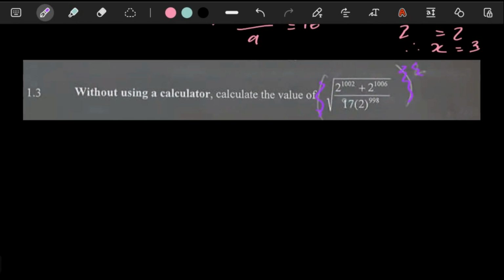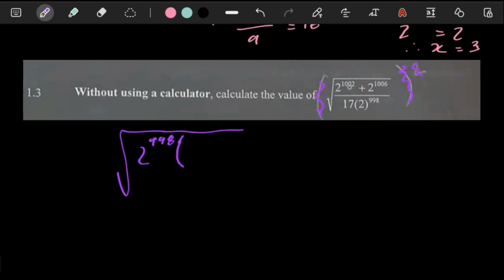What you want to do here is, the highest exponent here is 998. So at the top, you want to write out this exponent as you can take out 998 as a common factor. 2 to the power of 998.